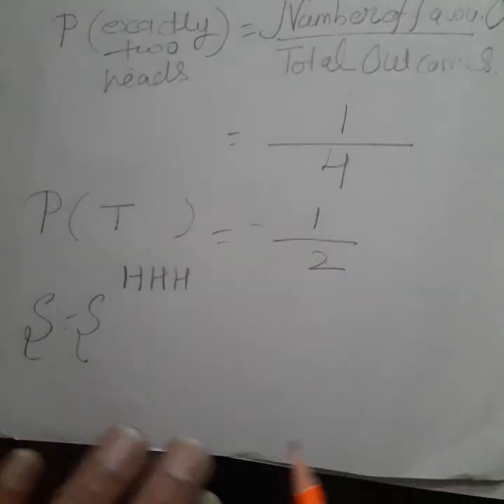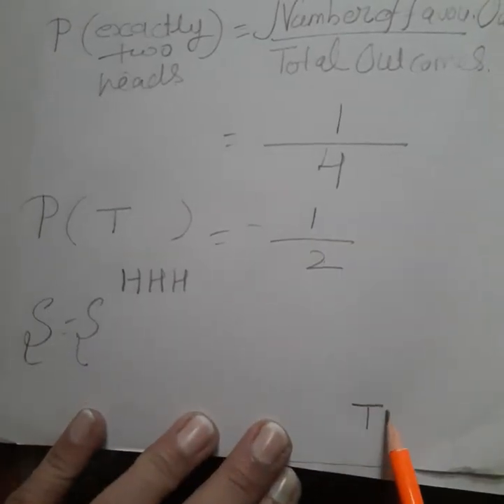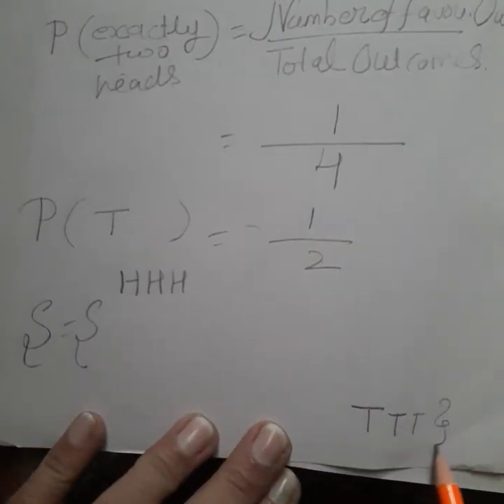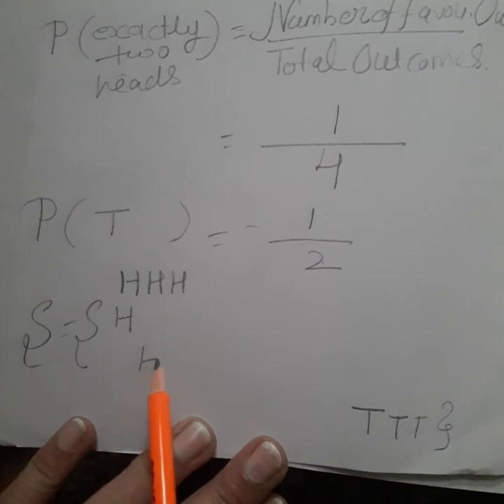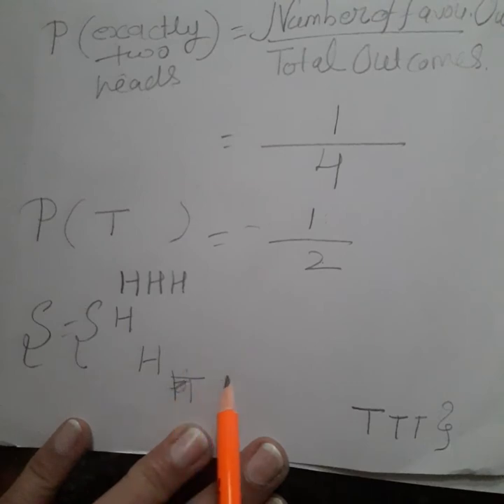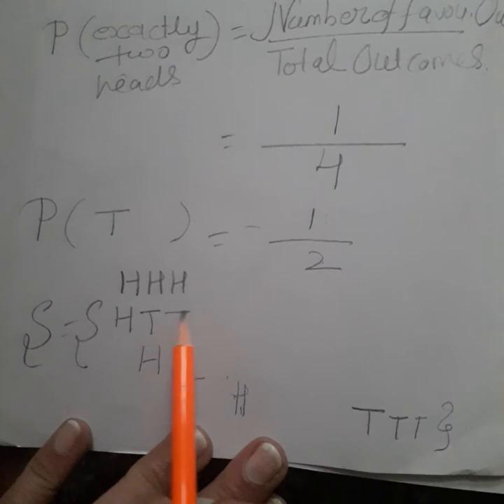After that, you get three tails. Then another possibility is you get head at the first place, the second place and the third place in different combinations. On the first place you get head, and on the second and third place you get tail, and the first and third place you get tail.